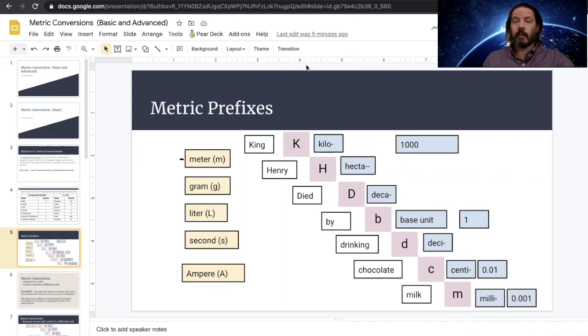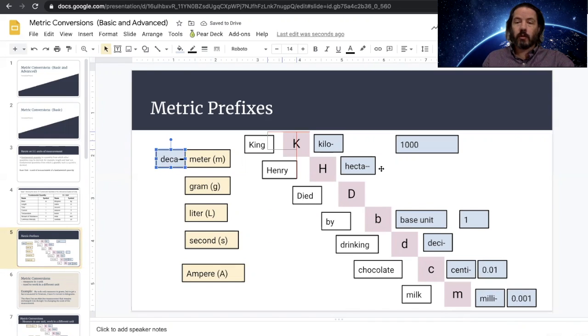So I could say decameter. If I have 1 decameter, then I have 10 meters. So we use the prefix to represent bigger and bigger, or smaller and smaller numbers of things. If I use the word kilometer, which we say kilometer in the United States, that literally means 1,000 meters. If you travel 1,000 meters, you travel 1 kilometer.